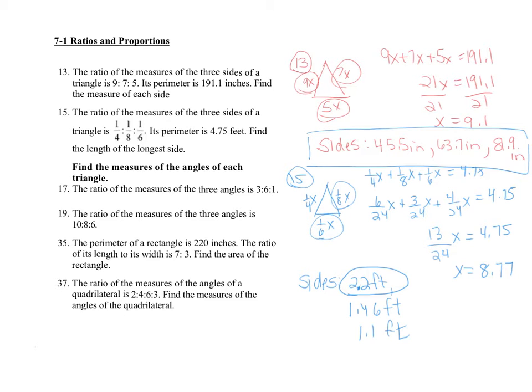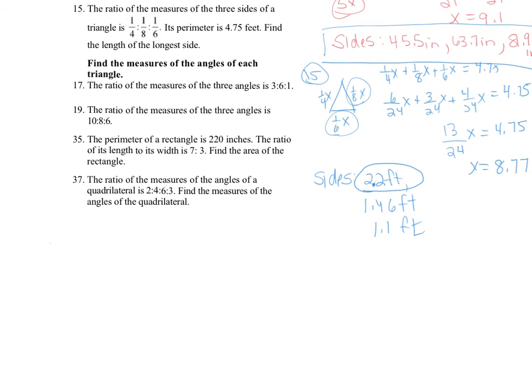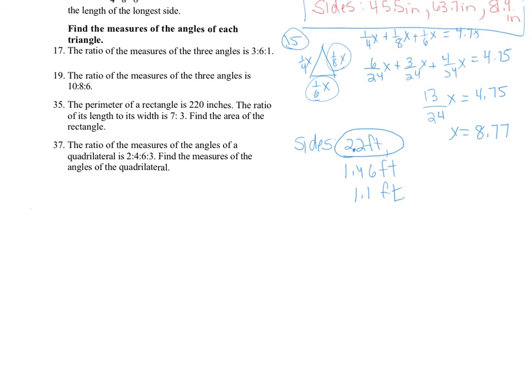Okay. It says find the measures of the angles of each triangle. For number 17, the ratio of the measures of the three angles is 3 to 6 to 1. Let me move this up a little bit so I have some space.